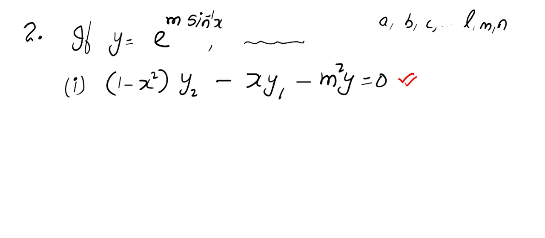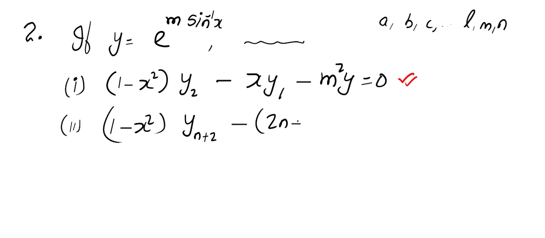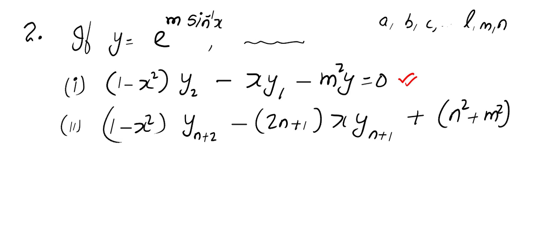Okay, now the second part, that is the Leibniz theorem part. Prove that 1 minus x square y n plus 2 minus 2 n plus 1 x y n plus 1 plus n square plus m square into yn equal to 0.